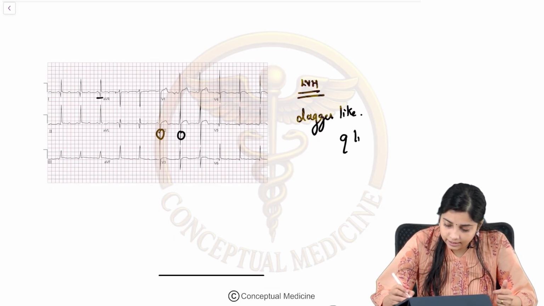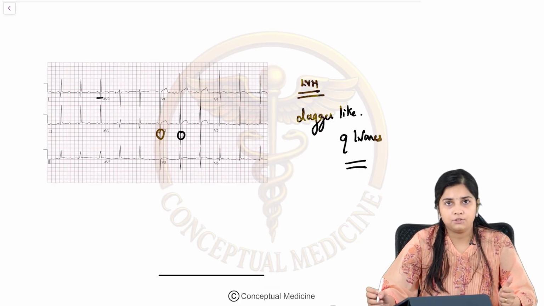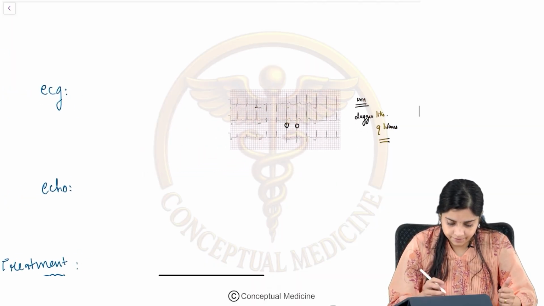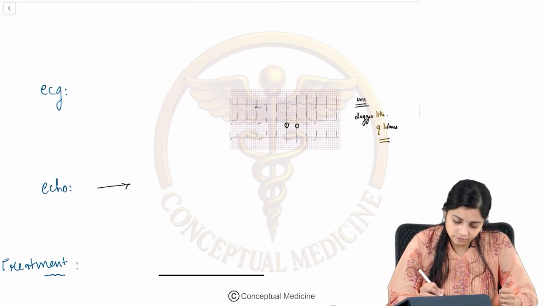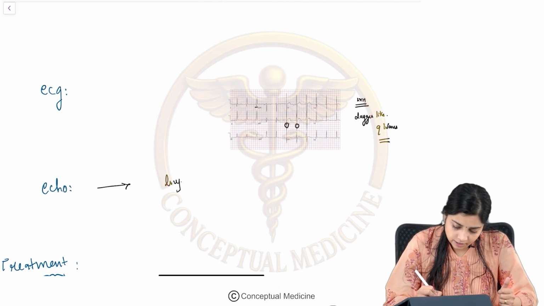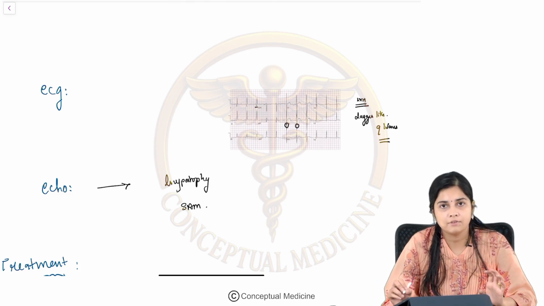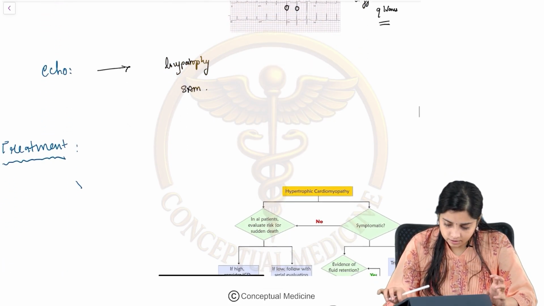The dagger-like Q waves are a characteristic feature of HOCM. In the echo, you will find your hypertrophy, and you can also appreciate your systolic anterior movement of the mitral valve. Fine.